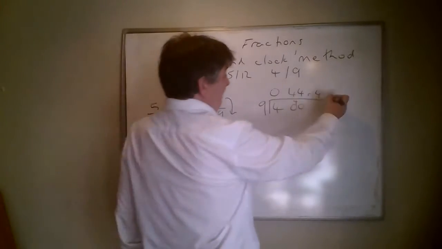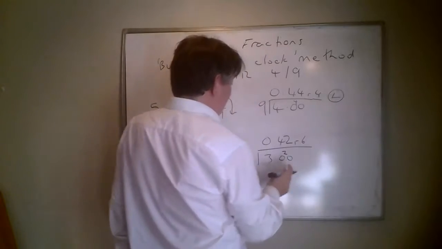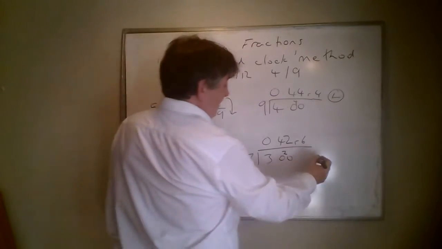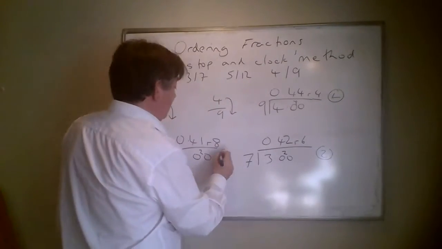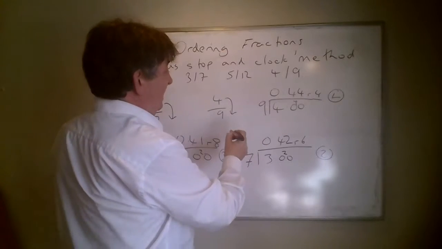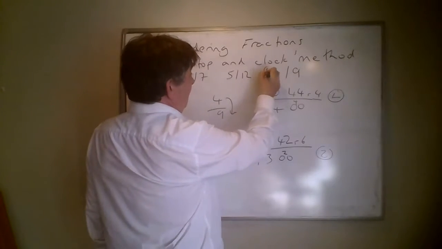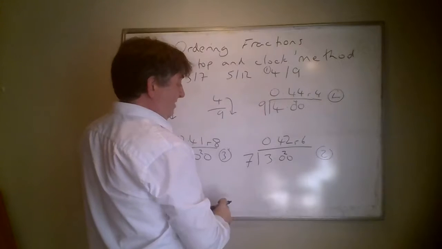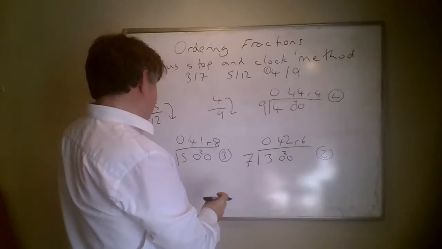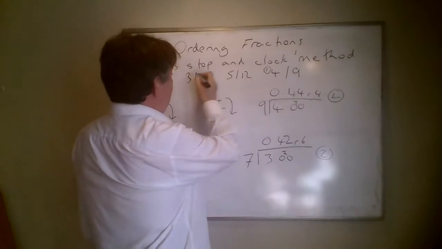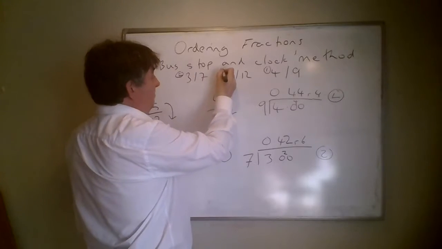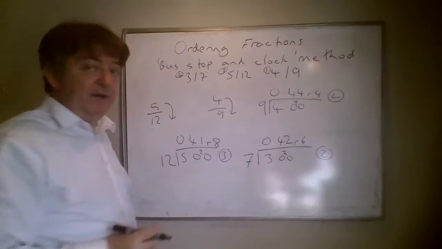So this is the largest, and then this is the next one. So the order is 4/9 is the largest, 3/7 is the second, and the last one is 5/12.